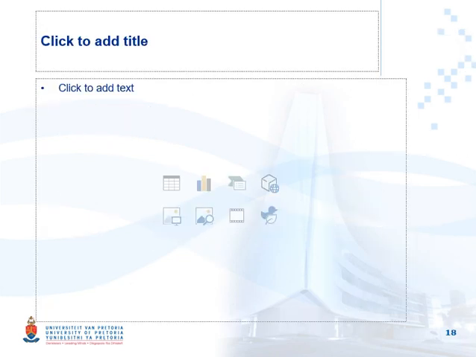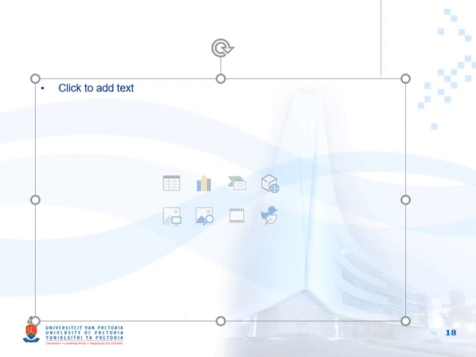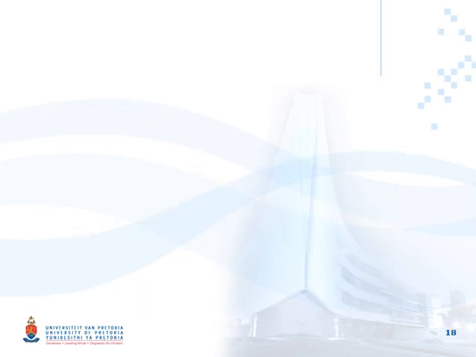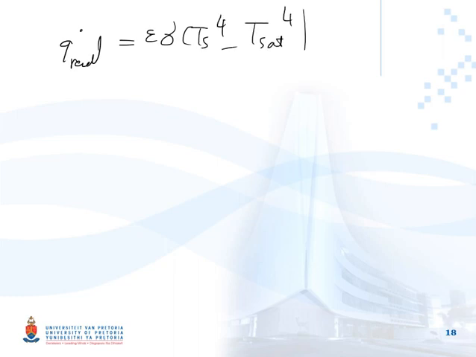So we calculated Q dot film, 1.152 multiplied by 10 to the power of 5 watt per square meter. But if you remember, we said that radiation cannot be neglected for film boiling. So Q dot radiation is epsilon sigma (T_s to the power of 4 minus T_sat to the power of 4), with Stefan-Boltzmann given.